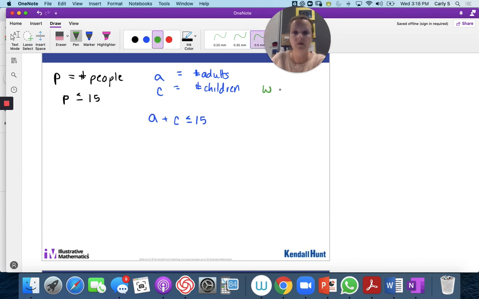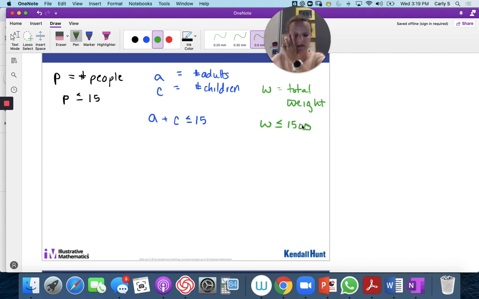So W equals total weight. So with that, we can say A plus C must be less than or equal to 1,500. But I think I'm missing something. I think I'm jumping ahead of myself. Really, we just want to say the weight must be less than or equal to 1,500. It's just a constraint, okay?